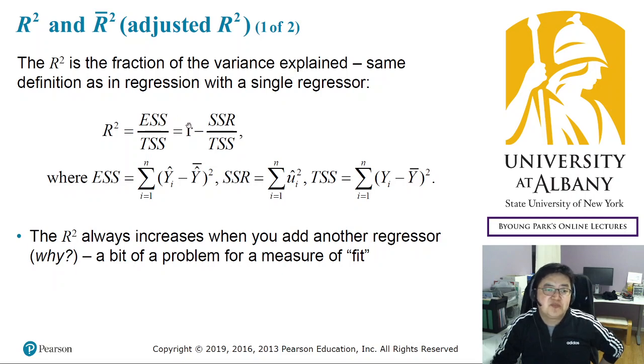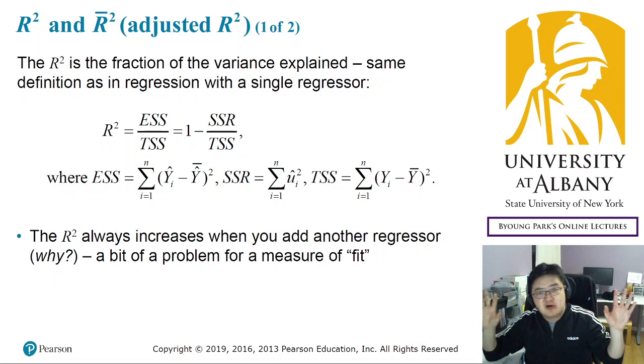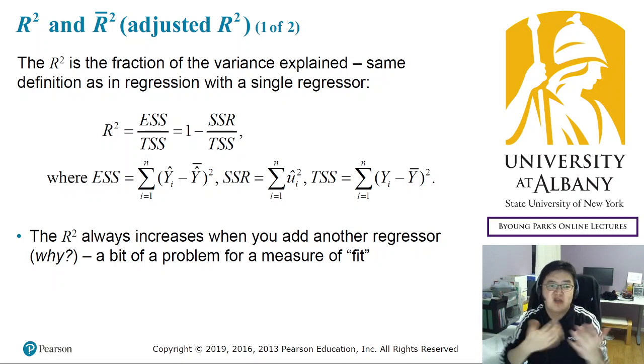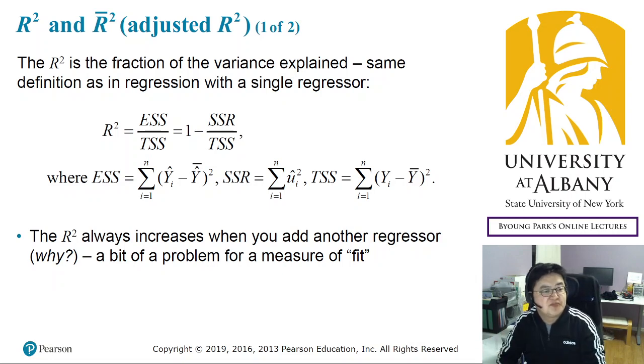Or alternatively, you may take 1 minus the ratio of unexplained variation to total variation. The variation you could not explain, you could not predict. So, of course, if you could explain 42%, that means the unexplained variation is 58%, right? They are the flip sides. Always, the explained variation plus unexplained variation equals the total variation. So you can calculate their ratio as a percentage fraction.